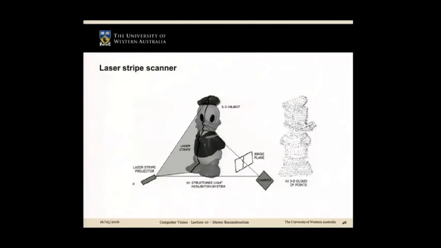As you move your stripe over the object, you will get different variations. You have a different stripe here, and if you go forward, you have a different stripe on a different part of the surface. As you move, you project this light. It's a coded light, of course. You capture this light, and it gives you X, Y, and Z coordinates, the depth information of your image.